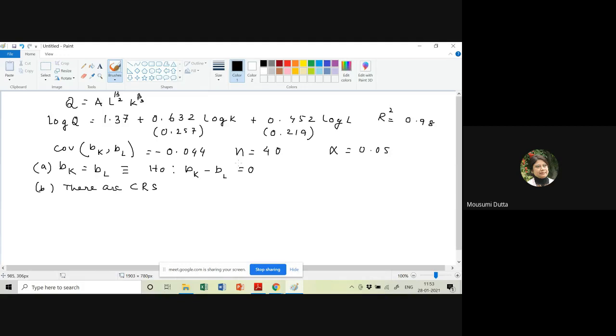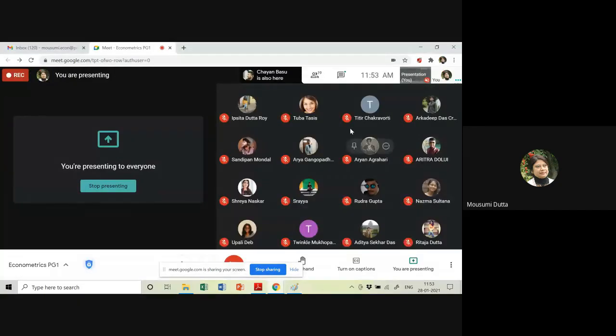Last day we did this kind of test, beta 1 plus beta 2 plus beta 3 is equal to something. So here BK minus BL is equal to 0. Can we use a T statistic here? Yes, ma'am. So I'm getting the answer, yes, we can.